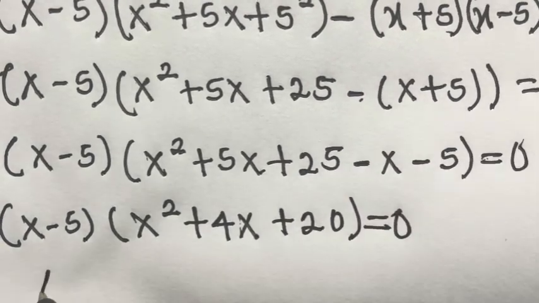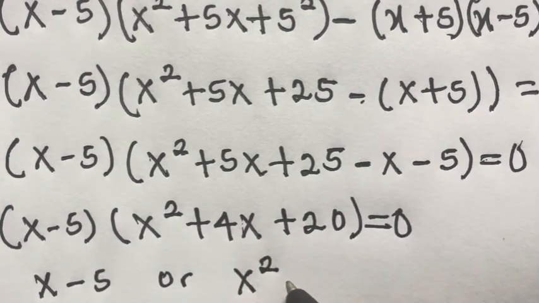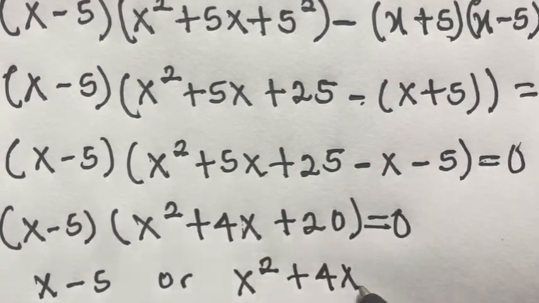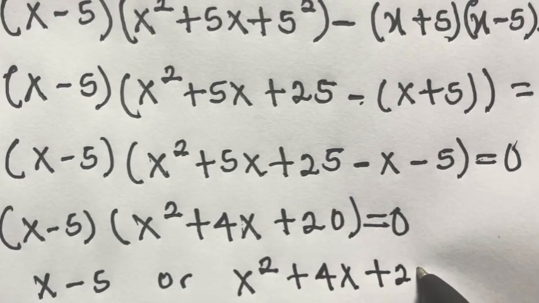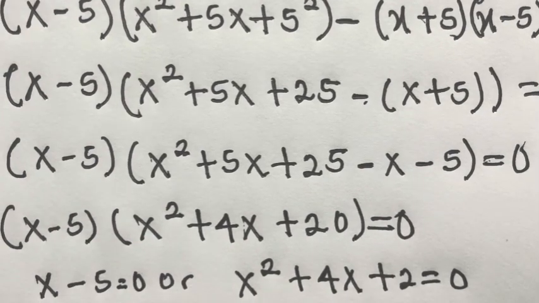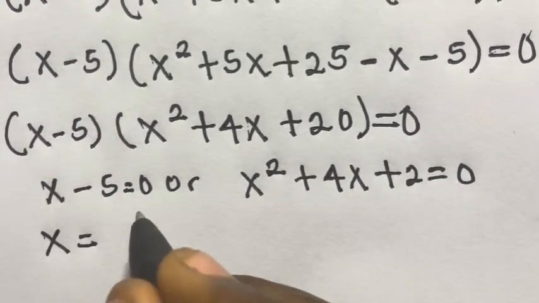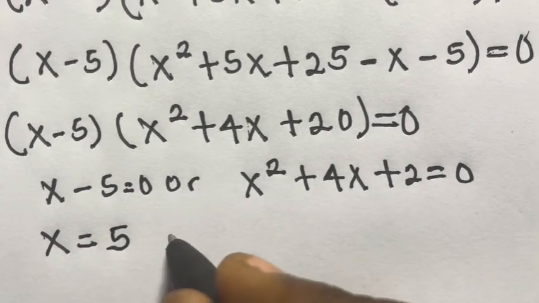So from here we have x minus 5 or x squared plus 4x plus 20 equals 0, or x minus 5 equals 0. So here we will have x equals minus 5. If we transfer it here, x is equal to 5.